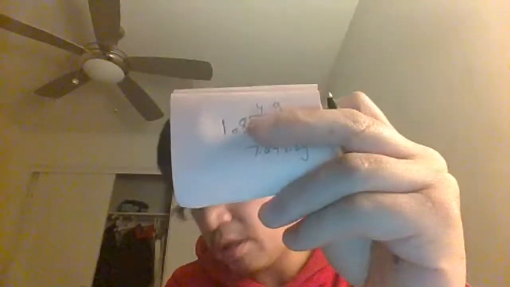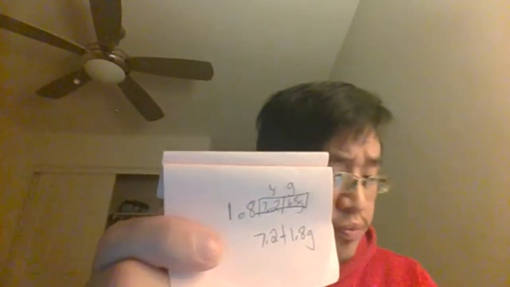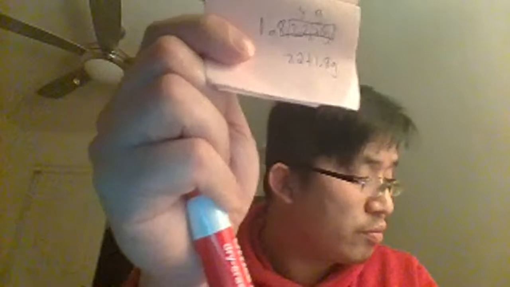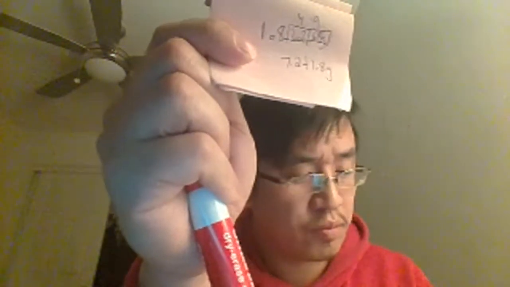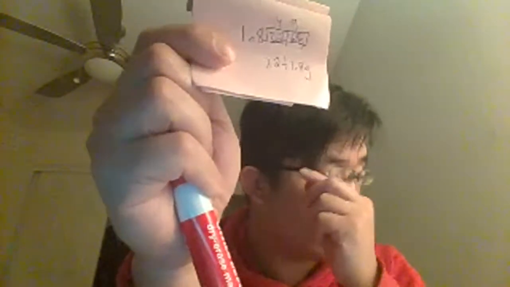So it's 7.2 plus 1.8g. Be careful with that because 4 times 8 is 32, right? But you have to carry that 3, and then you do 4 times 1 and add it to the 3. Does that make sense, Eliana?